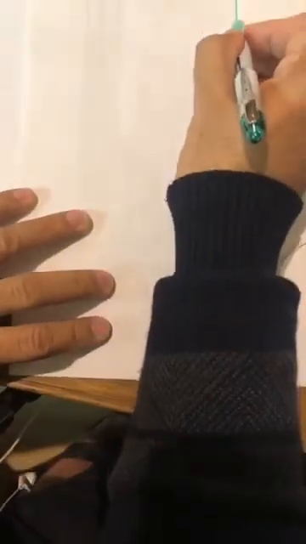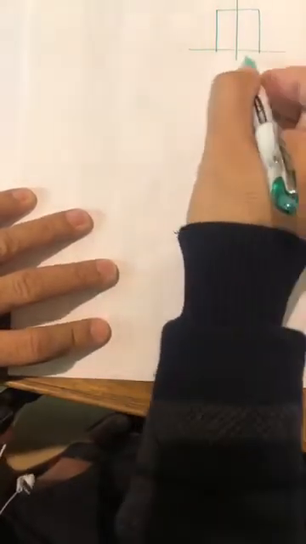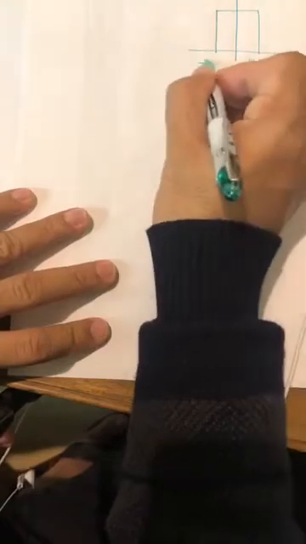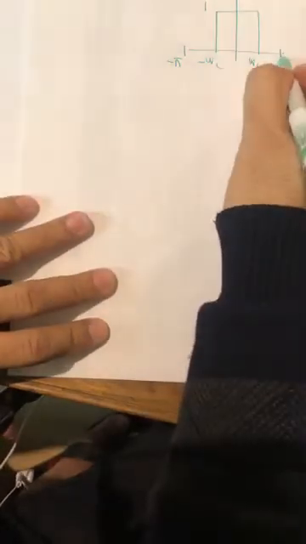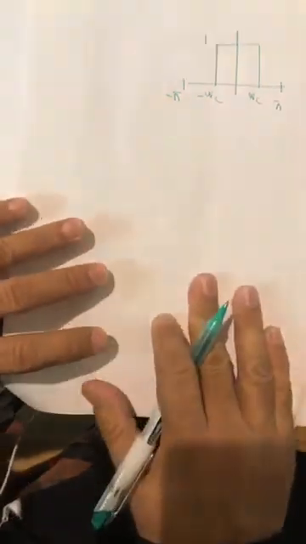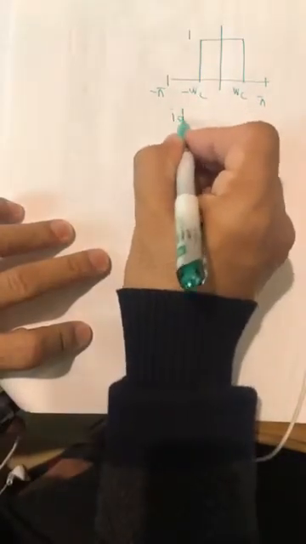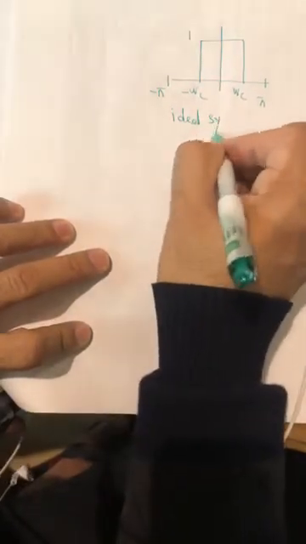All we are saying is that if you want something in the frequency domain, this is called an ideal system.